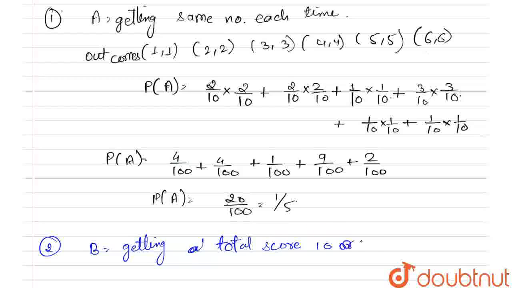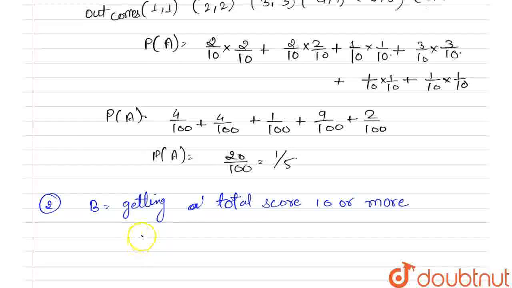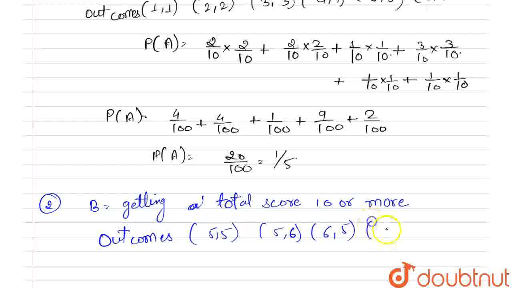The outcomes are 5,5, where the sum is 10, then 5,6 and 6,5, and we can also write 4,6 and 6,4, and the last one is 6,6. So these are the 6 outcomes which give a total score of 10 or more.